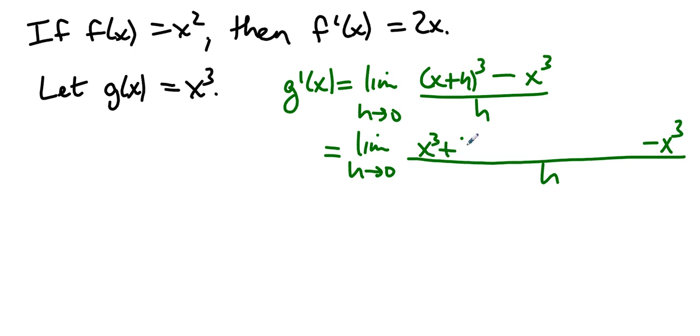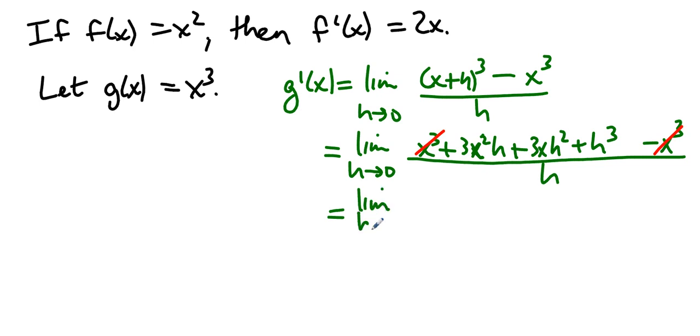We get x cubed, we get 3x squared h, 3xh squared, and we get an h cubed. So then what happens? Well, those go away, and then this has an h, this has an h, this has an h, that has an h.